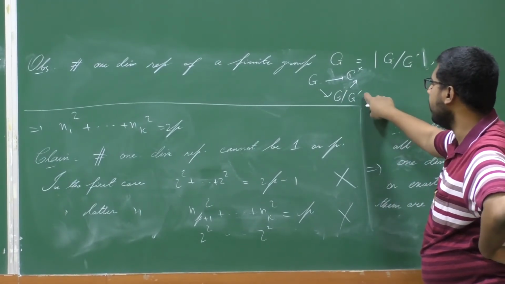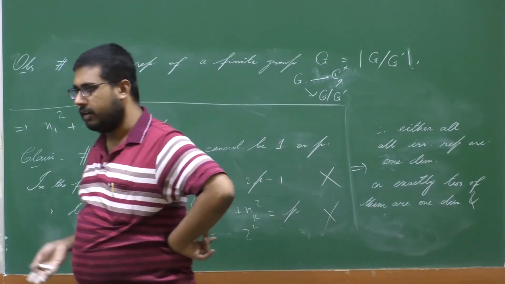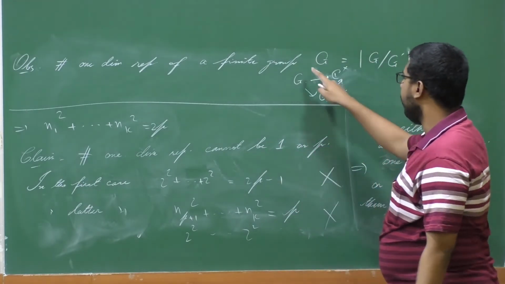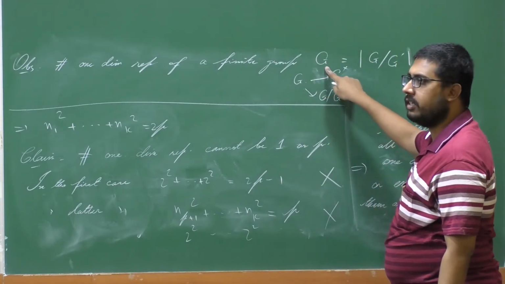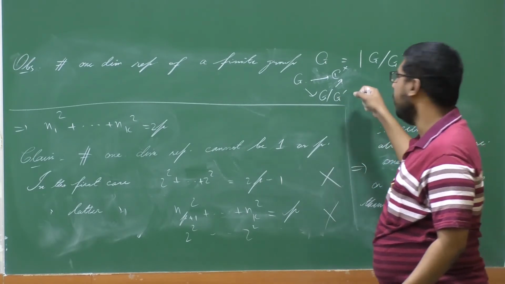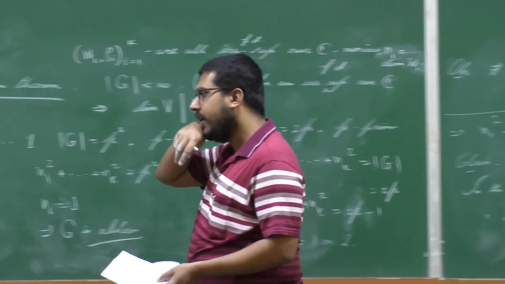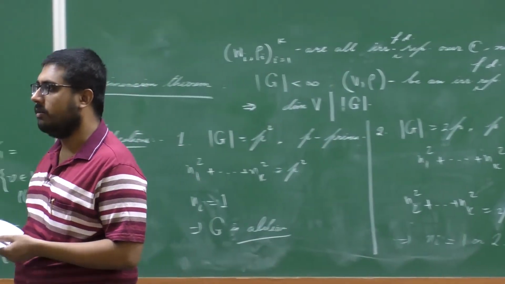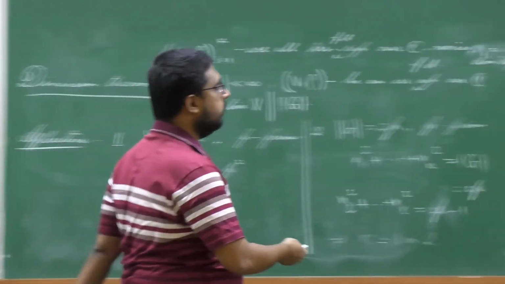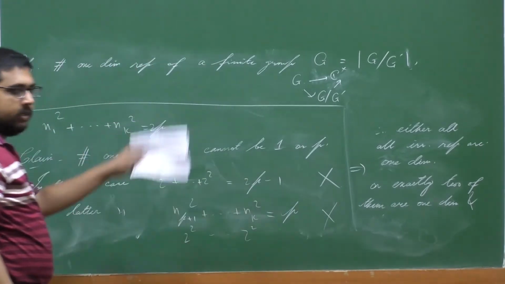Distinct one dimensional representations of G modulo G prime yield distinct one dimensional representations of G, and vice versa. Therefore the number of one dimensional representations of G is the same as the number of elements in G modulo G prime, which has to be a divisor of the order of G.